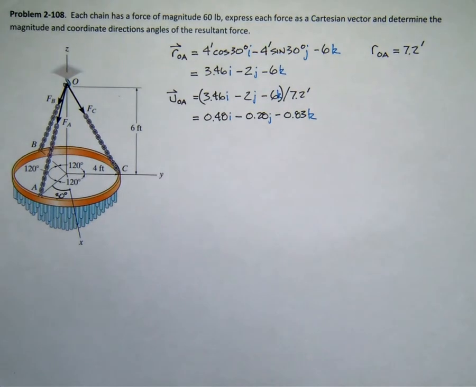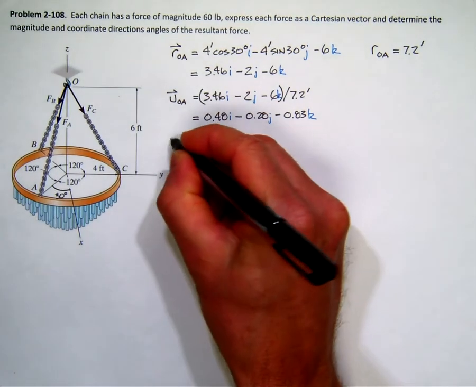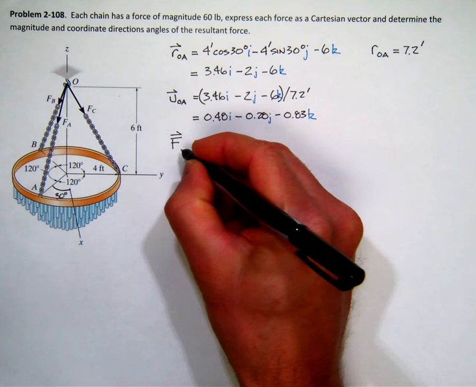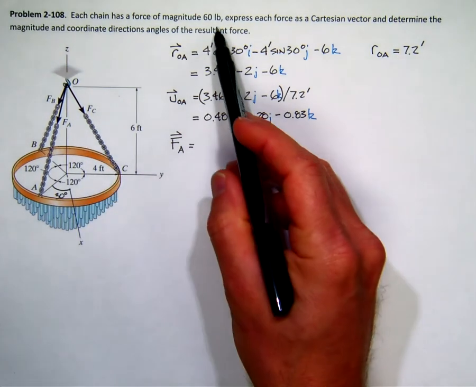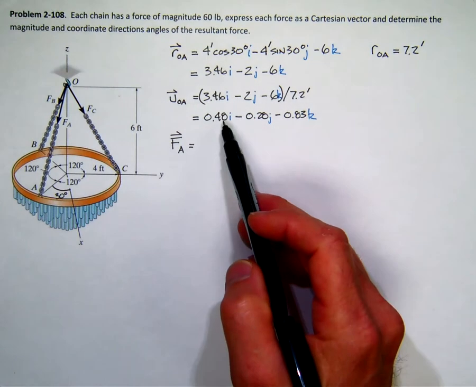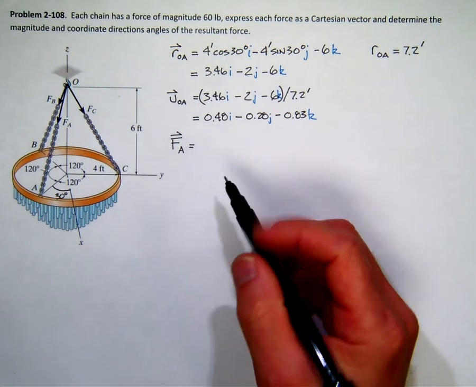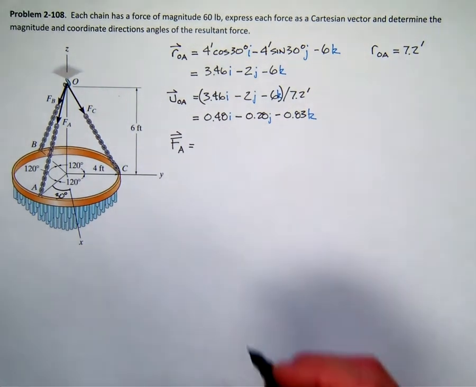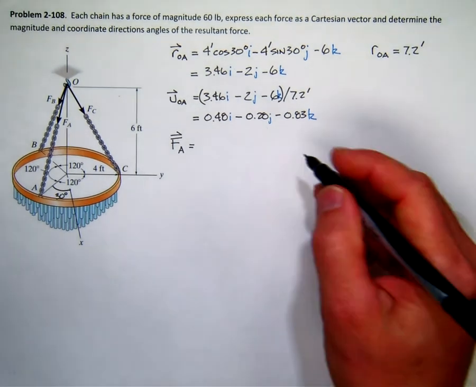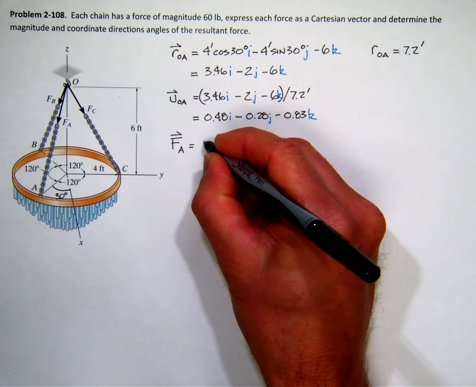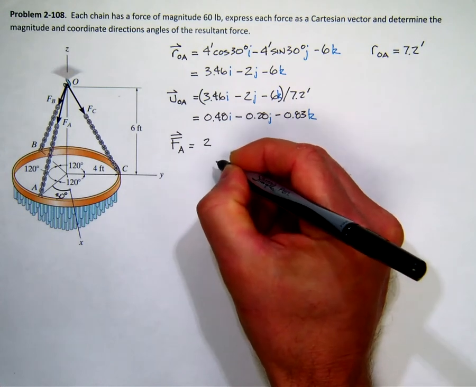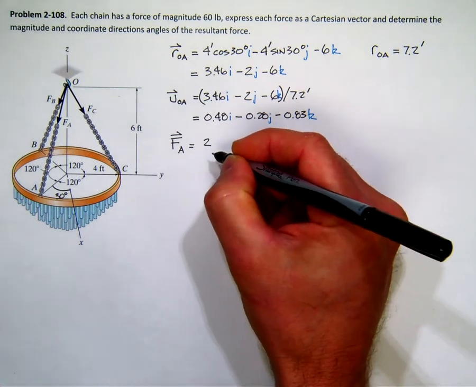Okay? So what will be the force vector then? We're doing A. So what would that be? All the forces in the cables are 60, so I'd take 60 times the unit vector. So somebody work those out. What's 60 times 0.48? 28.8.